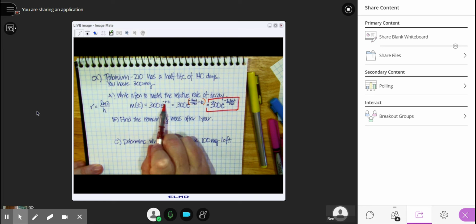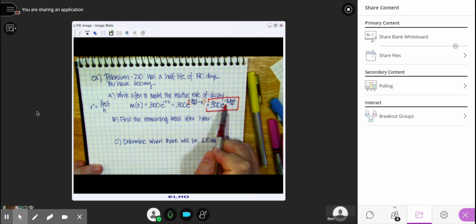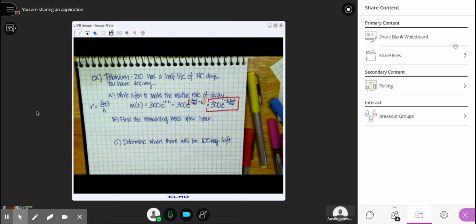Yep, because it's a negative rt, so it would be a negative t ln2 over 140. And that would be our m of t, so that would be our mass given time. And I would just leave it like this, because ln2 divided by 140 is some crazy decimal, and there's no way that I can guarantee that somebody else will round that to the appropriate decimal place, right? Unless I say.